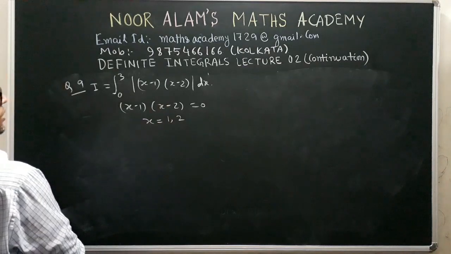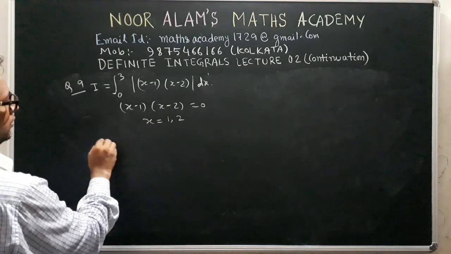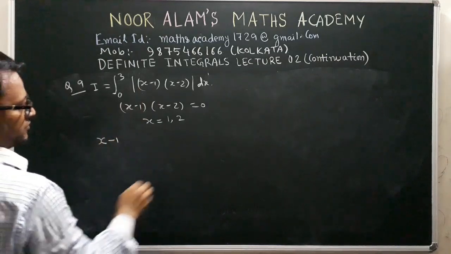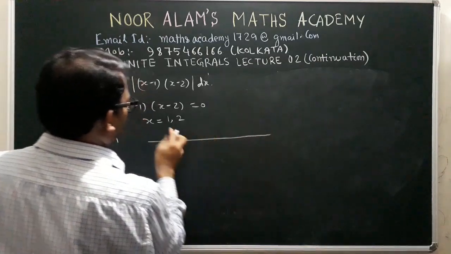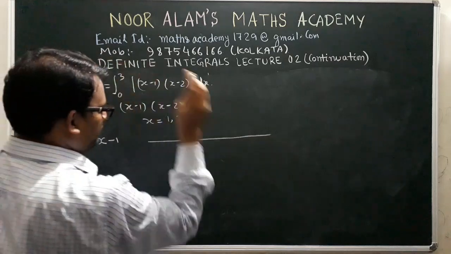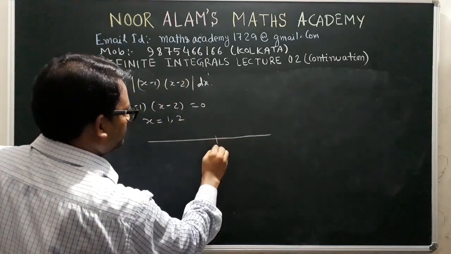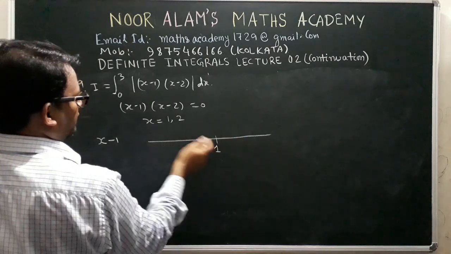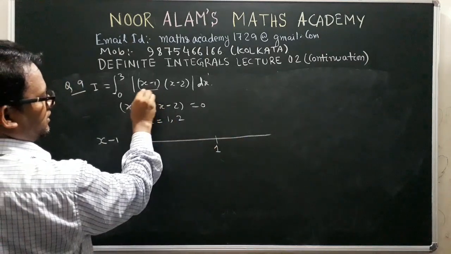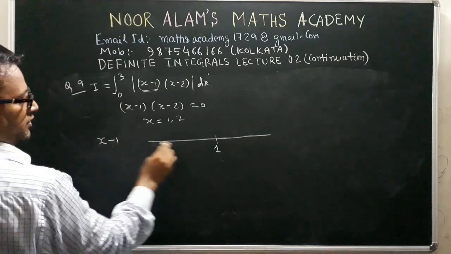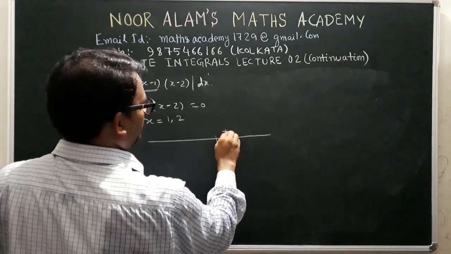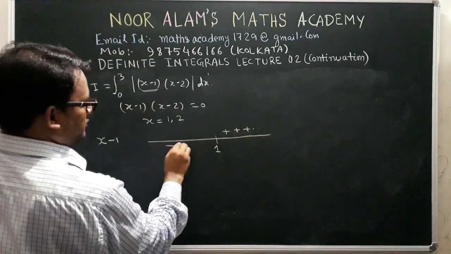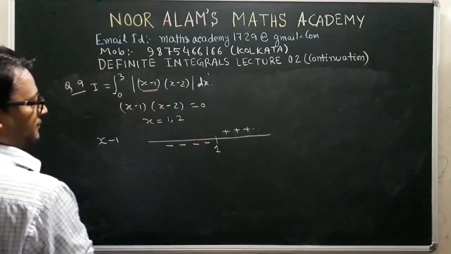Okay, so now what we do, suppose we take the first function x minus 1. This x minus 1 has the critical point 1. So after 1 this term is positive. So x minus 1 is positive when you put any value of x more than 1, and before that the value of this term is negative.